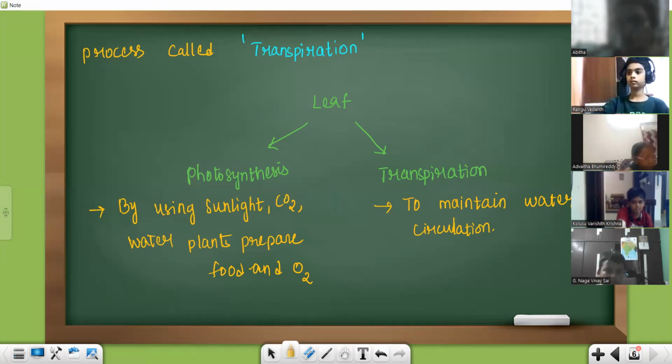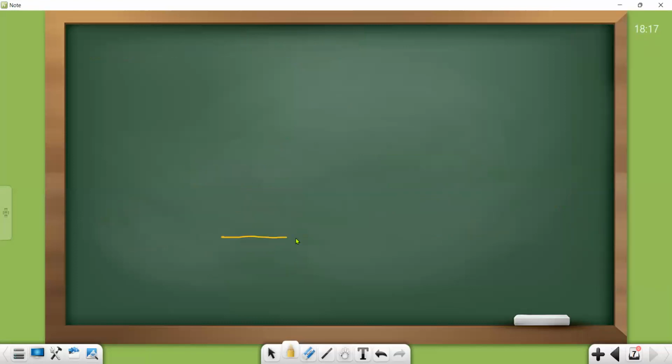Okay, so now see students, if you see the process, what is happening? Suppose I am taking a plant which has roots at the bottom. And this is the plant.